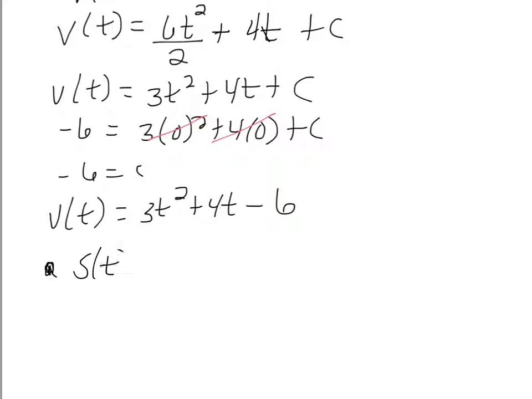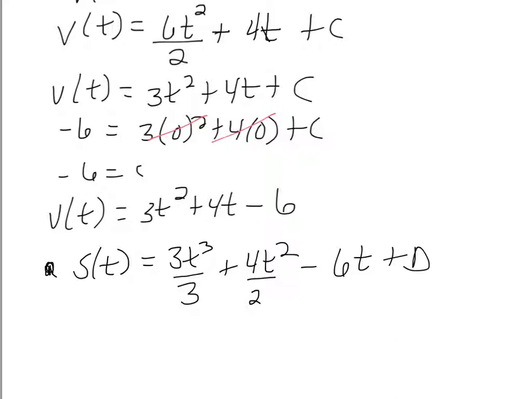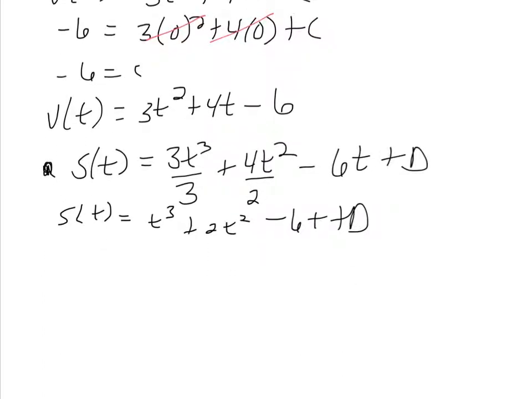So we know position is the antiderivative of velocity. So if I apply my rule again, I'll have 3t cubed over 3 plus 4t squared over 2 minus 6t plus d. All right, let's simplify that. Position function would be t cubed plus 2t squared minus 6t plus d. And now we need to solve for d. Well, we were told that at the starting point, at time equals 0, the position starts at 9 centimeters.